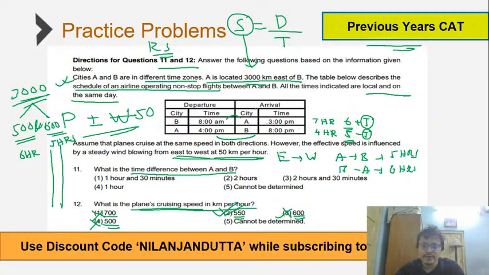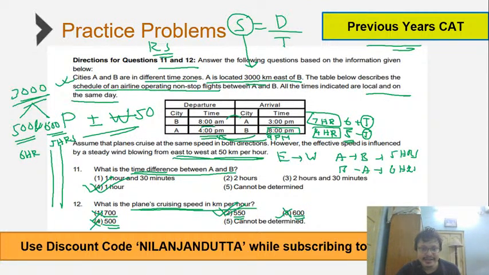What is that time zone effect? Even though you're leaving at 4 p.m., 5 hours should mean that you are reaching at 9 p.m. And in fact, it is going to be 9 p.m. at city A. However, at city B, the timer is going to show 8 p.m. because there is a time difference between A and B of 1 hour. In fact, if you do put T as 1, 6 plus T becomes 7, 5 minus T becomes 4.